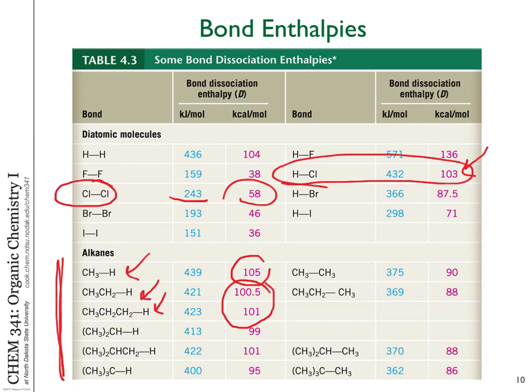So it's lower in energy, a little bit weaker. A secondary carbon-hydrogen bond is weaker still, and a tertiary carbon-hydrogen bond, even weaker. Why do you think the CH bond would become weaker if it goes from a primary hydrogen to a secondary hydrogen to a tertiary hydrogen?